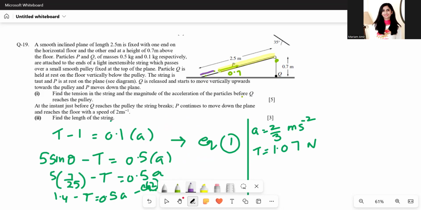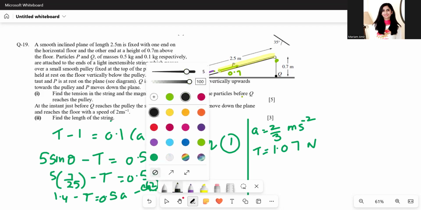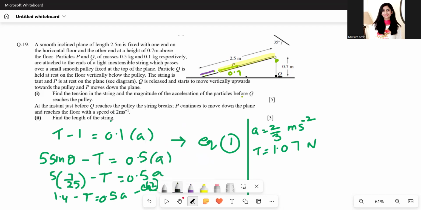Okay, now how do we do that? We know that at this point, Q has a speed of 0. At this point, Q will have a speed of V that I need to find. S is 0.7 and acceleration was also found. It's 2 by 3.